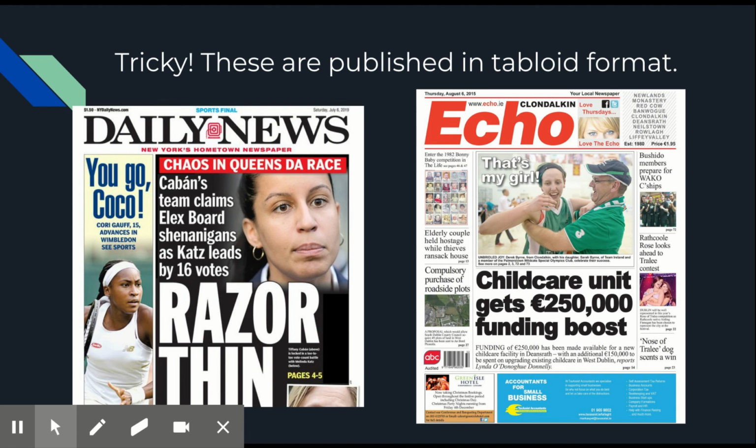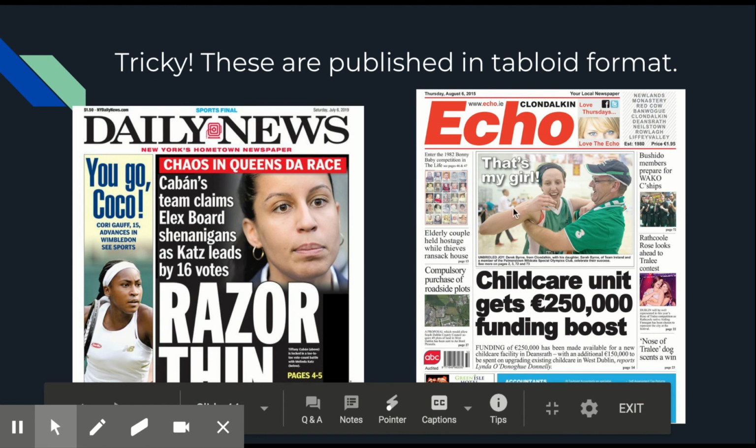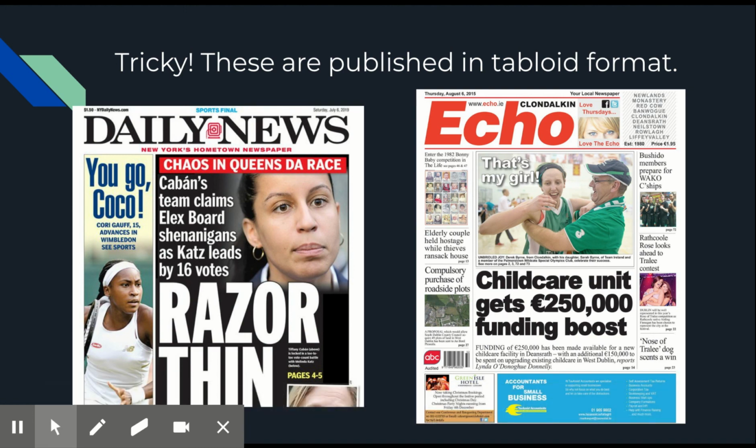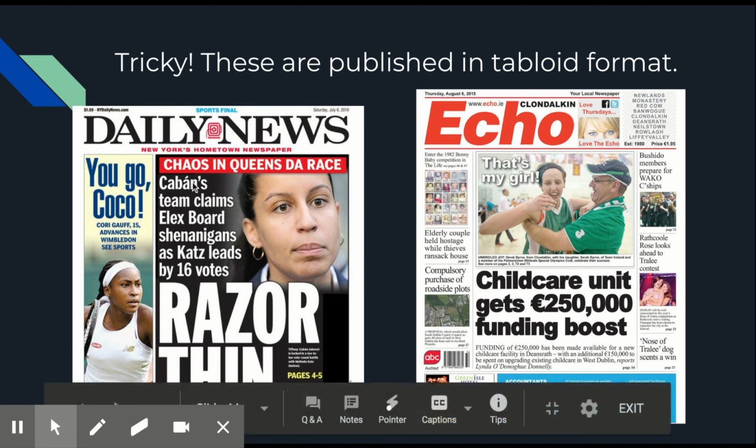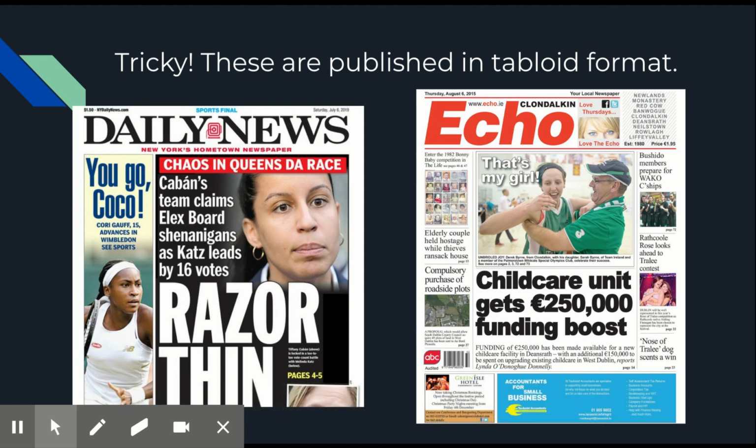One last thing, just remember that sometimes things are tricky, right? Like the Echo started off being published in a broadsheet format, and then since the 90s, I think since 1991, it's been published in a tabloid format, right? But it still has a lot of community-based news, and it's a reliable news source, right? Another thing too, the Daily News was like the Echo in New York City. It's also published in a tabloid format, and it does have a lot of sensational news, but it's also won a lot of prestigious journalism prizes, like the Pulitzer Prize.